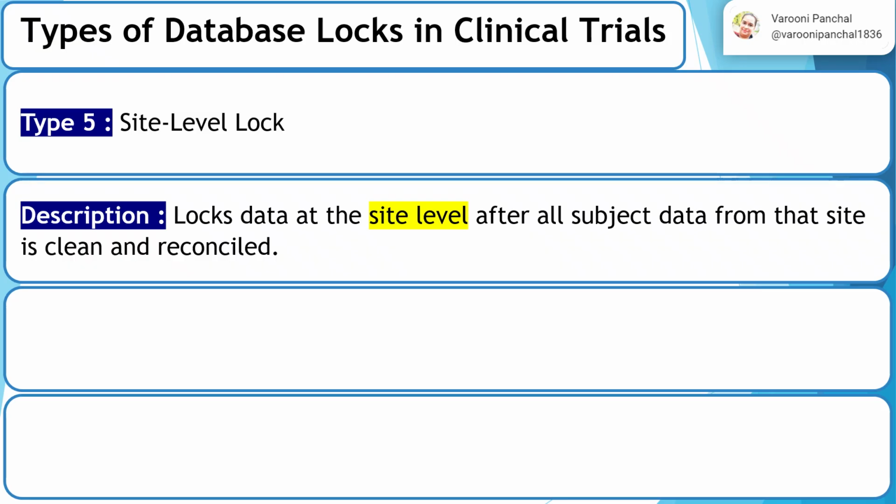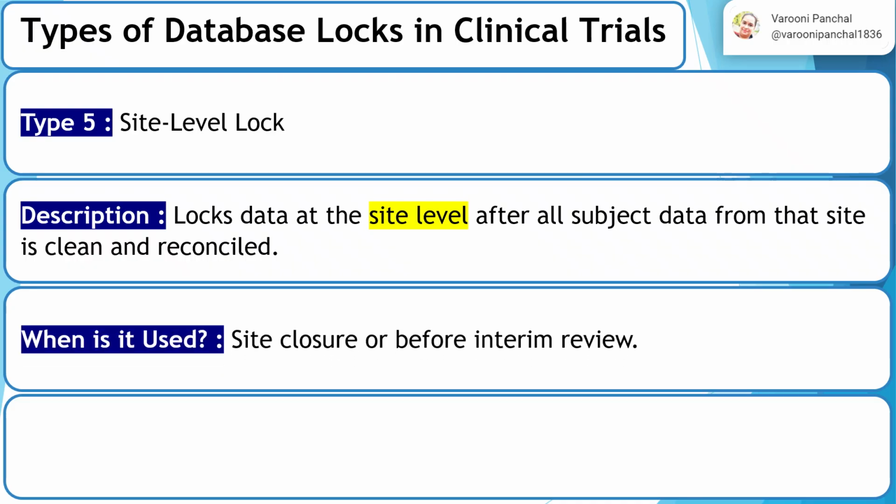So in that specific scenario you can lock that specific site data in the database, and you can work on the other sites. Now it is used usually at site closure or before interim review.